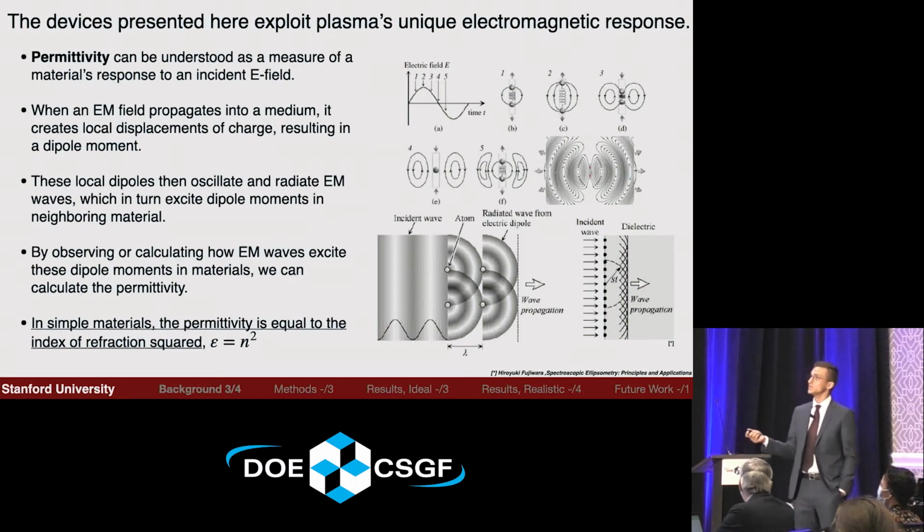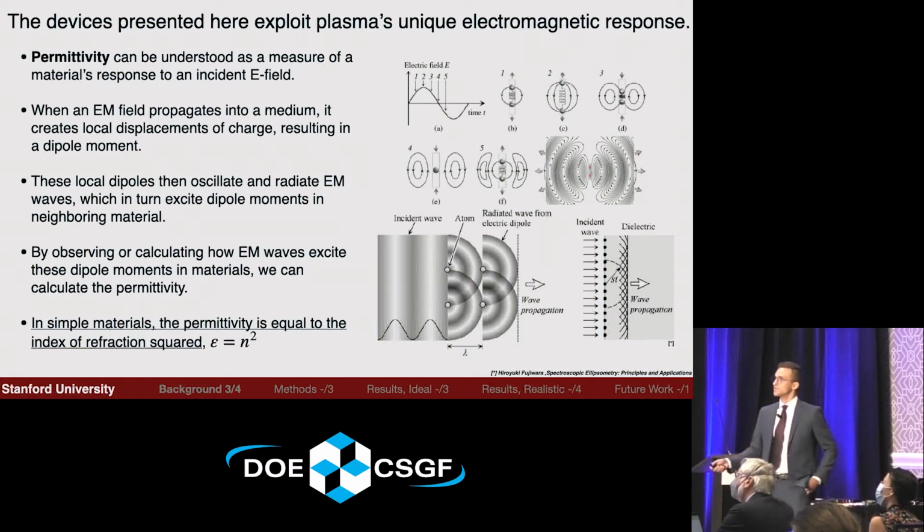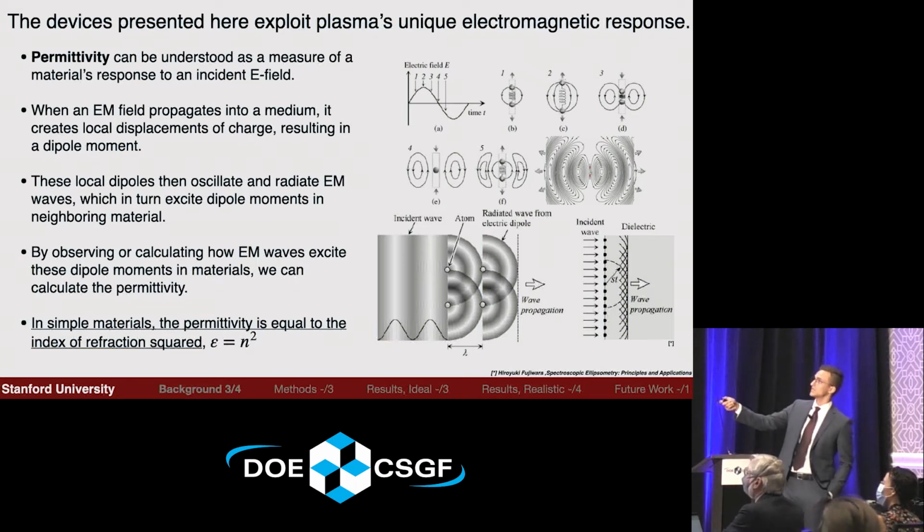But before we do that, I want to talk a little bit about plasma's unique electromagnetic response, which is encoded by its permittivity. This is just sort of physics 101: when an EM field propagates into a medium, it creates local displacements of charge, which results in a dipole moment.